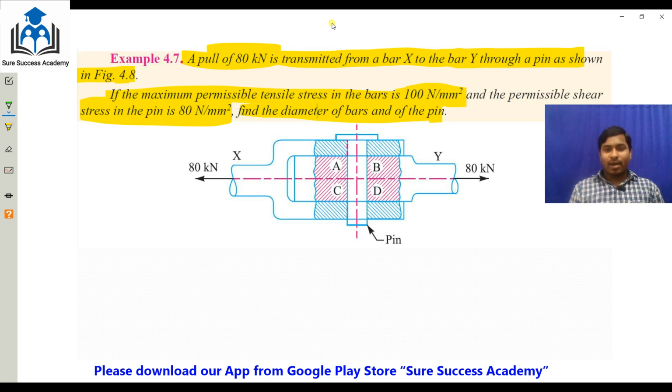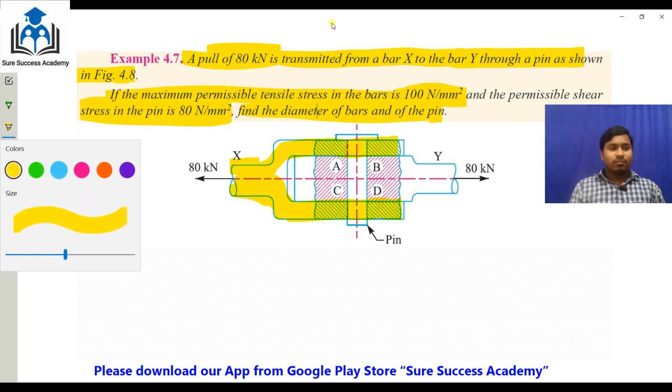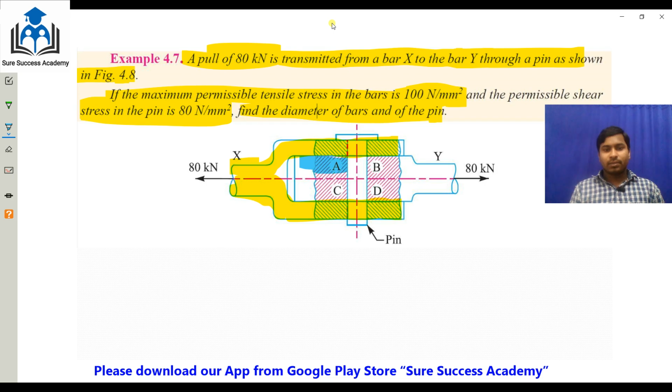This is one part, and this is another part.